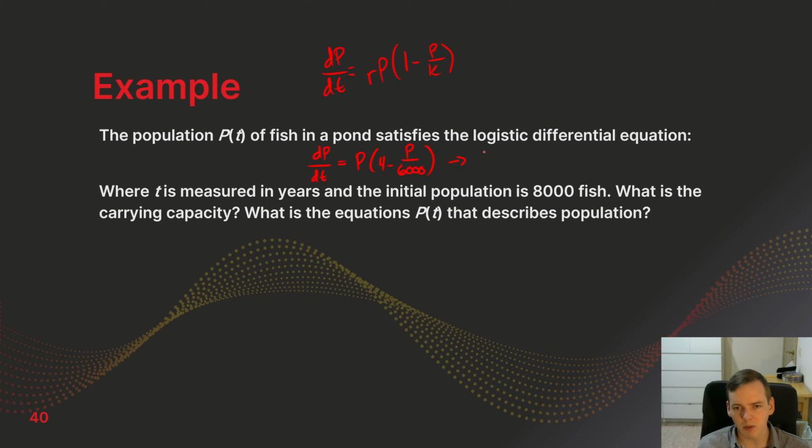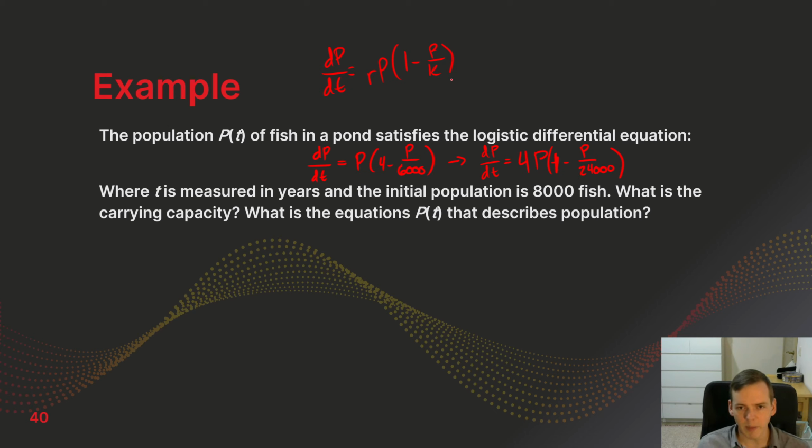So that can be rewritten as dP over dt is equal to 4P times 1 minus P over 24,000. Because if we divide 4 from both of these, it's going to be 4 times 6,000, giving 24,000.